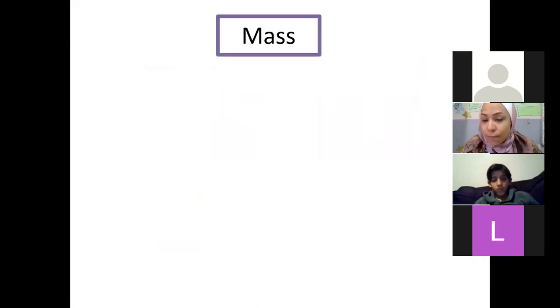So what is the mass? The mass is how much matter is inside an object. What does that mean? It means that you have your bag, your pack bag, for example, your school bag.